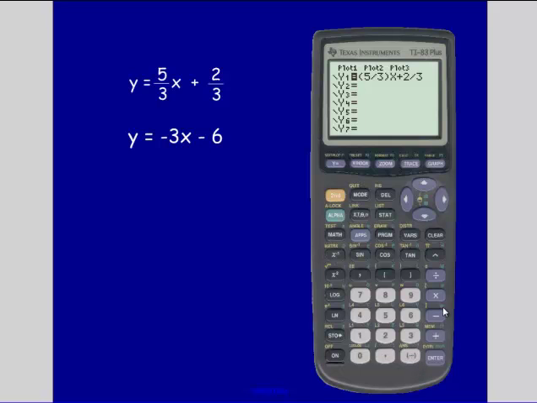So here's my negative and here's my minus. Calc, intersect, scroll towards the intersection, and hit enter 3 times.